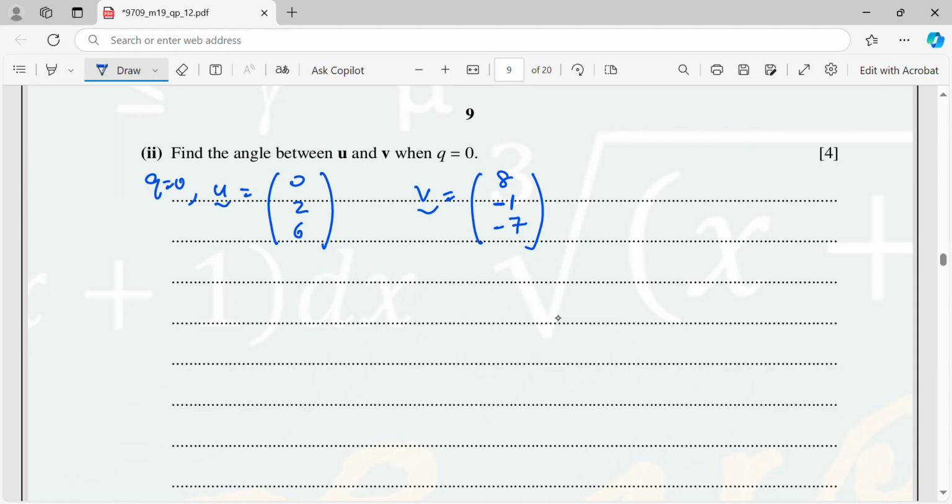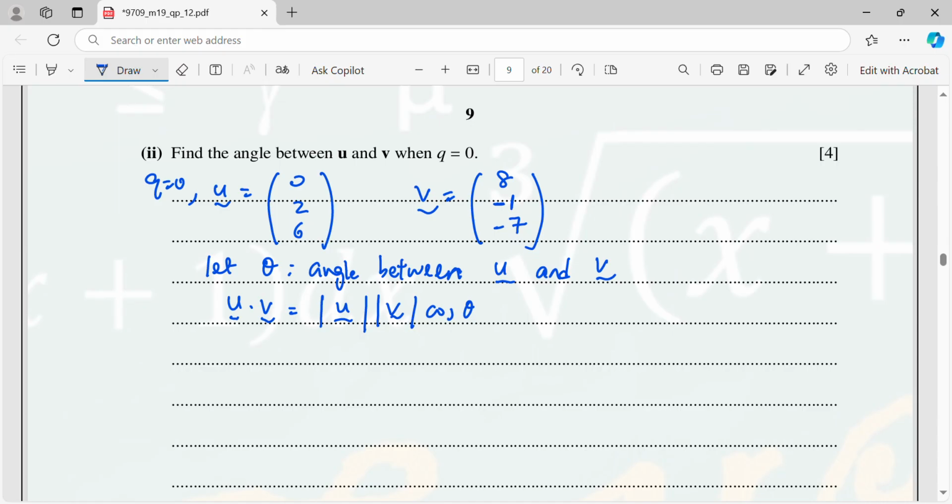Now, I will let theta be the angle between u and v. So use the scalar product formula, u dot v equals magnitude u, magnitude v, cos theta.